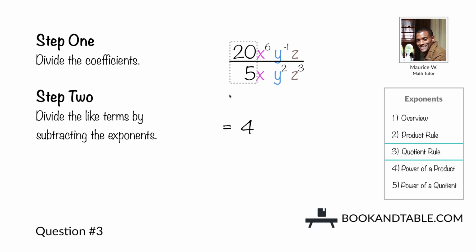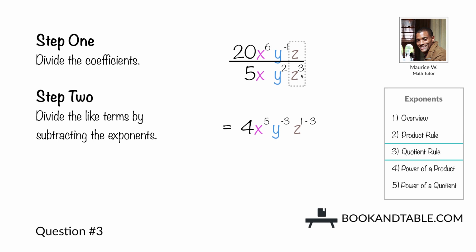So step 1, divide the coefficients. 20 divided by 5 is equal to 4. Step 2, divide the like terms by subtracting the exponents. x to the 6 divided by x is equal to x to the 6 minus 1, which is 5. y to the negative 1 divided by y squared is equal to y to the negative 1 minus 2, which gives you negative 3.